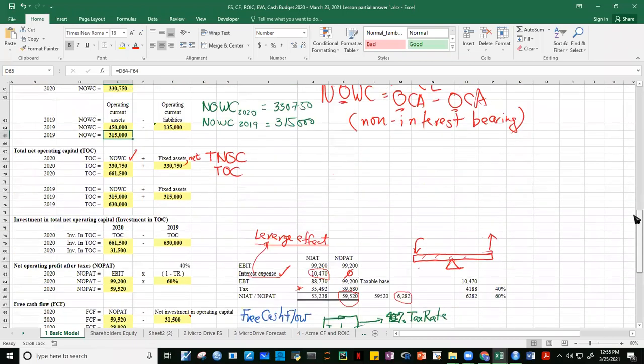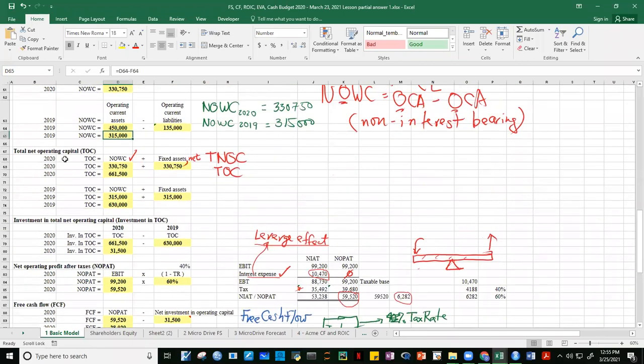Then we also computed for the total net operating capital, which is just the sum of your net operating working capital, which we computed above, plus your fixed assets. Okay, I said that here the fixed assets should be your net. So we computed for that for 2020, also for 2019.